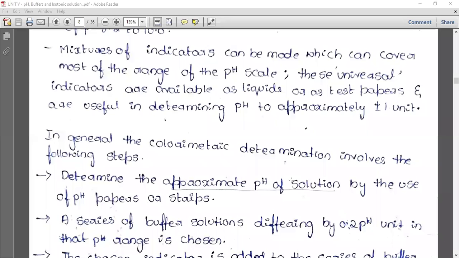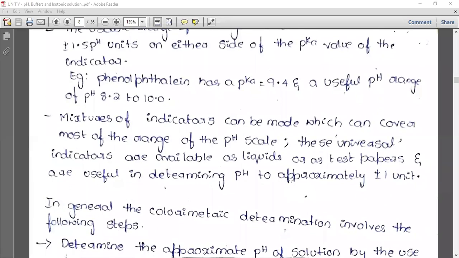Say I give you an unknown solution. You take pH paper and dip it into the solution. If it's turning blue, what is your conclusion?